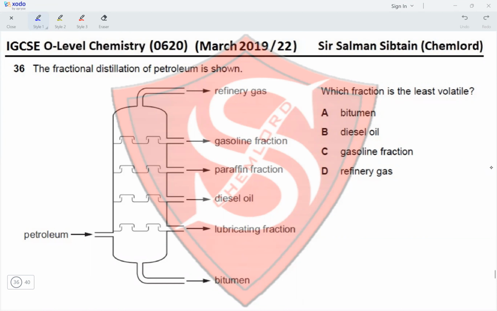The most volatile would be refinery gas, followed by the gasoline fraction. In this way, the volatility decreases as we move down the fractionating column. We have bitumen as option A, so this will be correct, eliminating all the other options, making option A the correct option for this question.